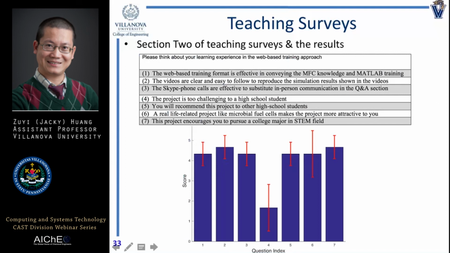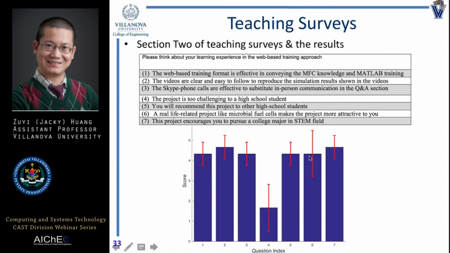Number 4 is that the project is too challenging for a high school student. Most students said the project is not that challenging. This is out of my expectation, to be honest. The project should be challenging. But anyway, number 5 is that the student would recommend this project to their classmates.